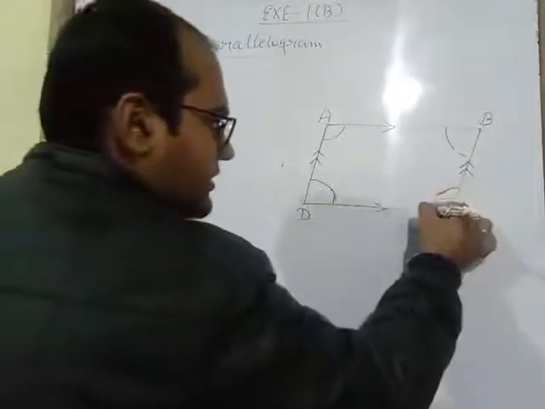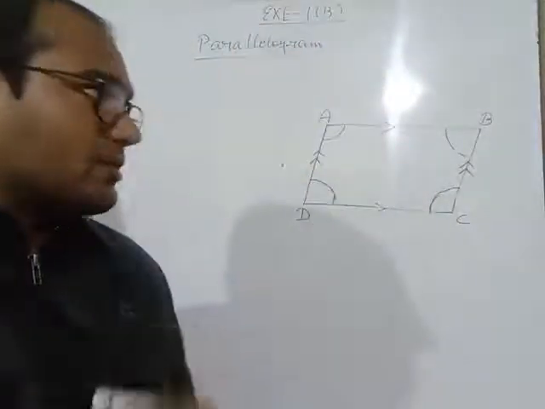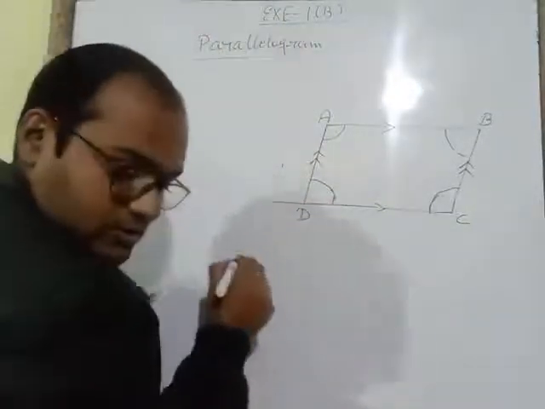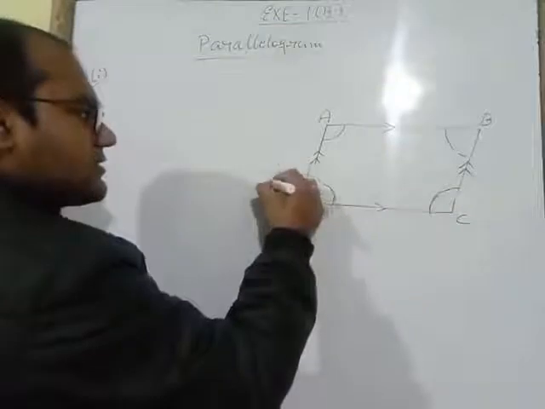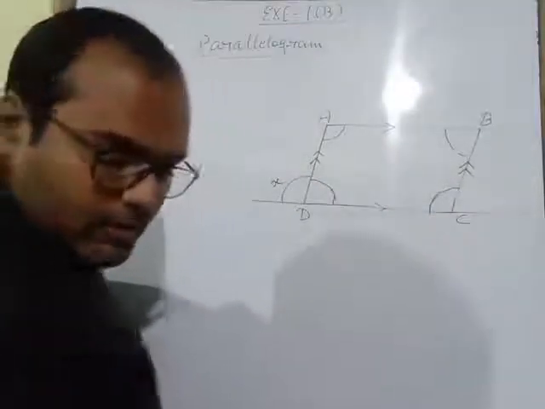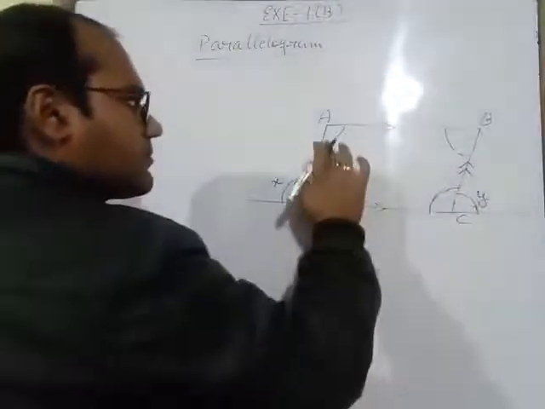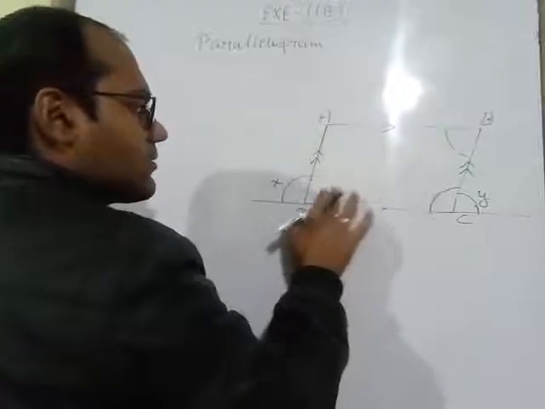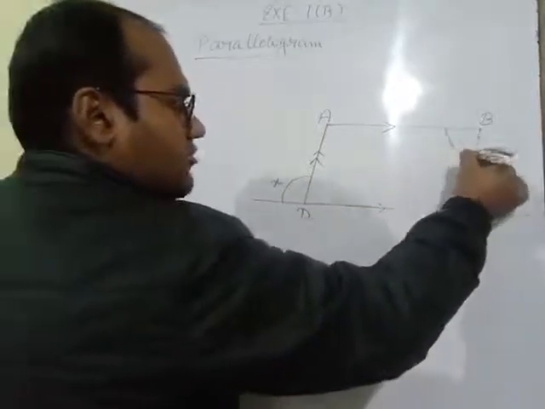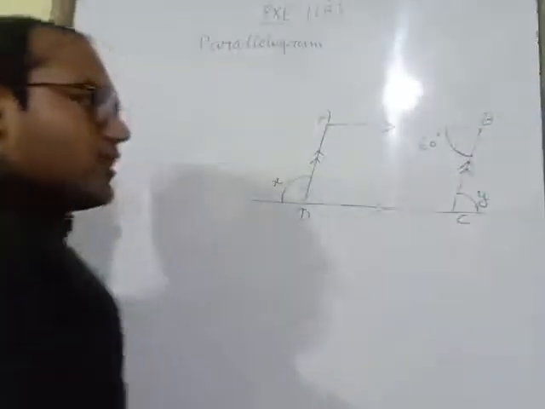In the question it is written, find the value of x and y in the following parallelogram. So the shape is a parallelogram. Here it is, outside it is x. Here outside it is y. This is the figure given in the question and angle B is given as 60 degrees. And we have to find the value of x and y.